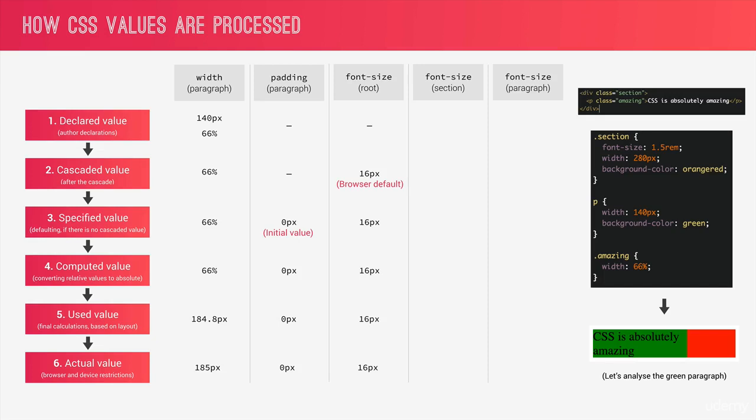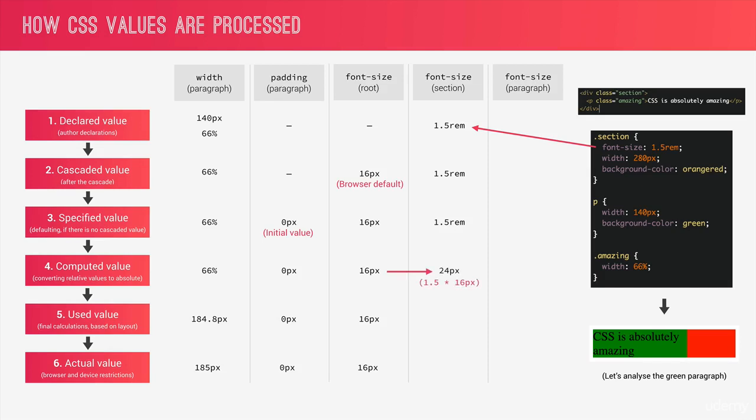Next, let's analyze the section's font size. And now we actually do have a declared value of 1.5 rem. Remember that rem is a relative unit, and so it needs to be converted to pixels by the engine. So the cascaded and specified values are still 1.5 rem, but the computed value is 24 pixels. And why is that, you may ask?